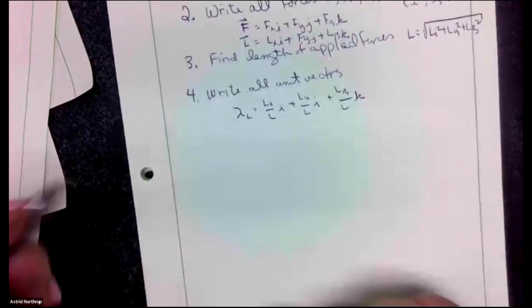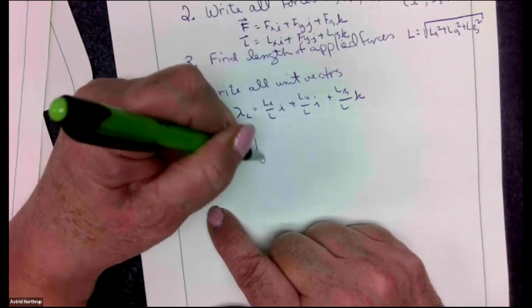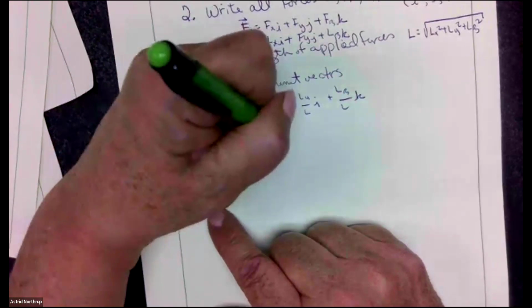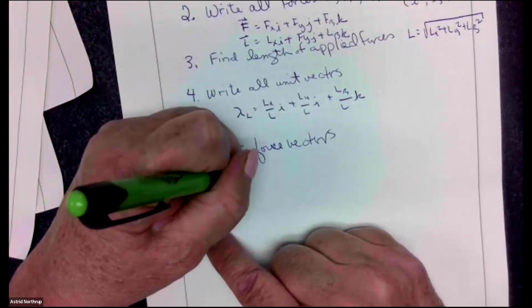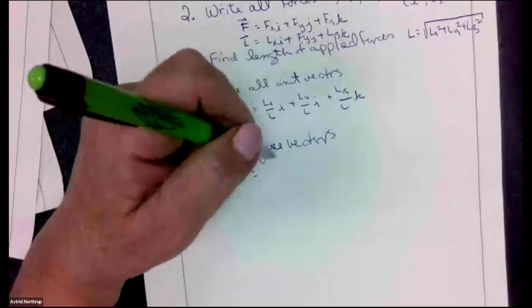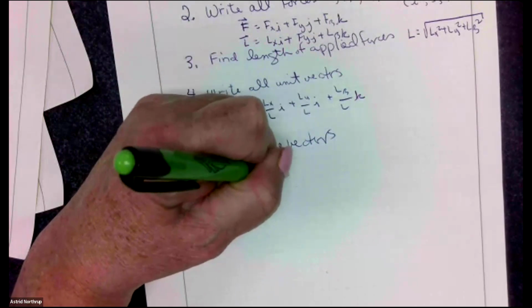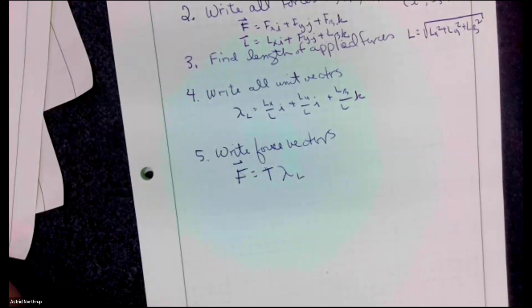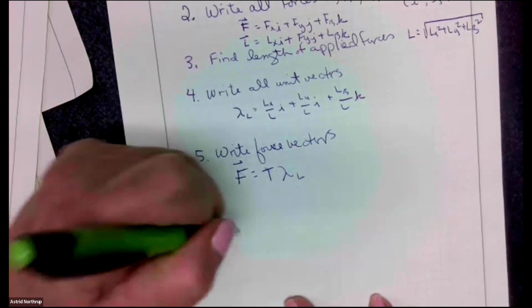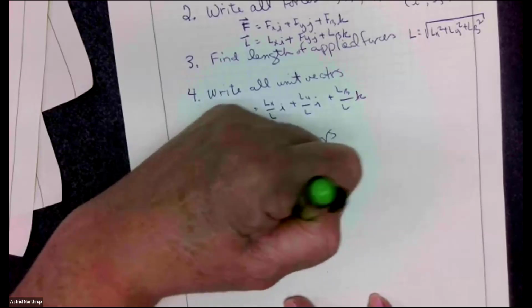All right. Then write the force vectors as the force vector is equal to a magnitude, such as a tension, times lambda along the vector. Next, write the governing equations.